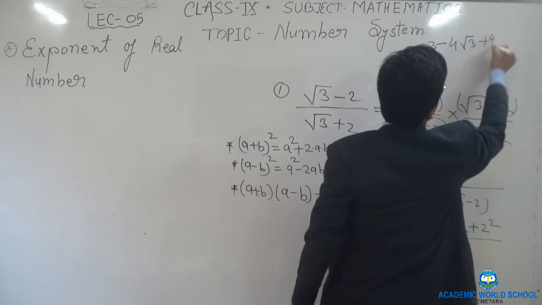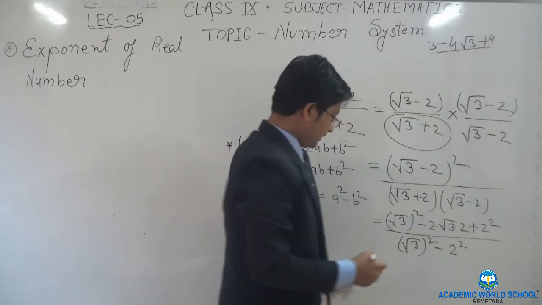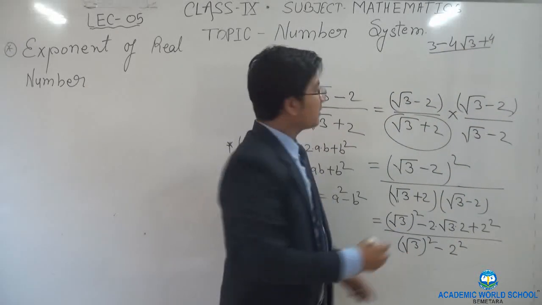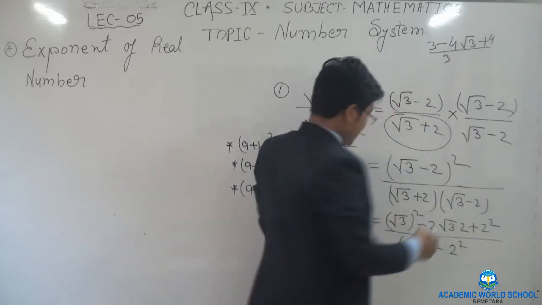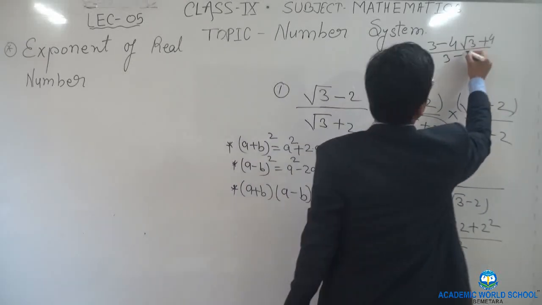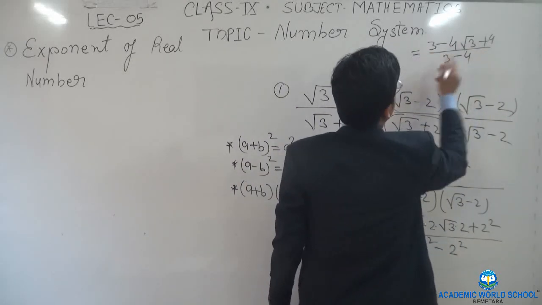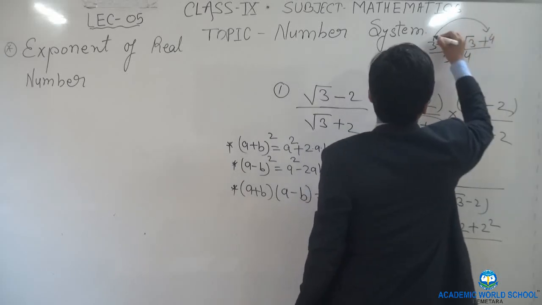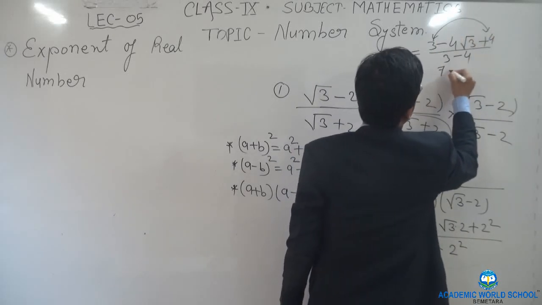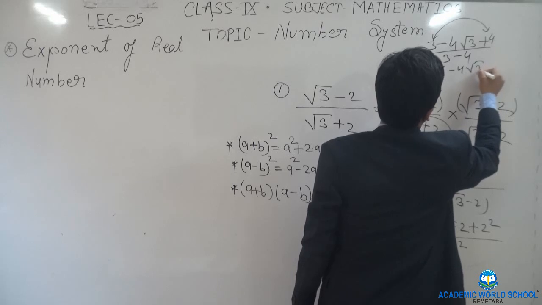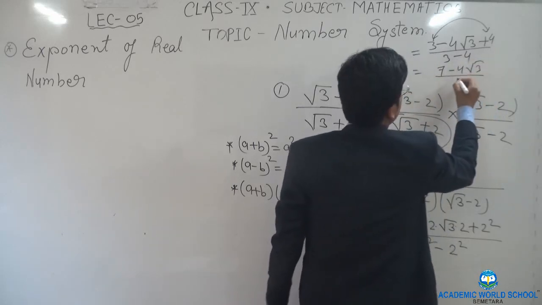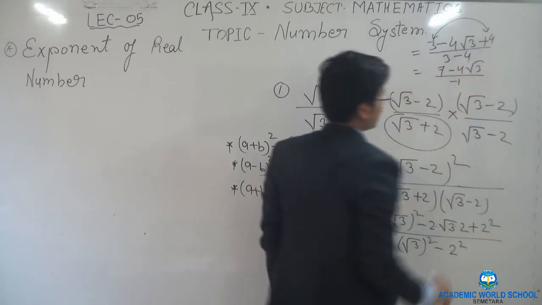So this is plus 4. And upon root 3 square, this is 3, and then minus 4. So 3 plus 4, this will be 7 minus 4 root 3 upon 3 minus 4, which is equal to minus 1.